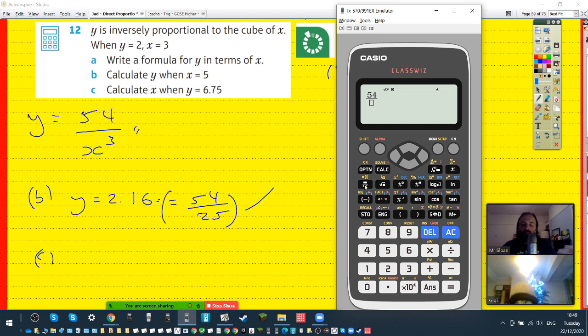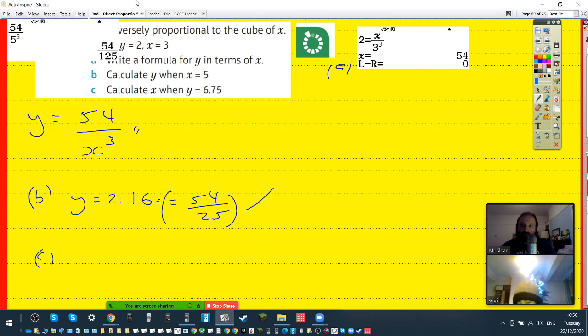Hang on. This isn't squared, this is cubed. Oh, so the 54 over 5 cubed. That's it. Which is 0.432. You love your decimals. Oh yeah, the decimal's great actually. 0.432. Alright, that worked.